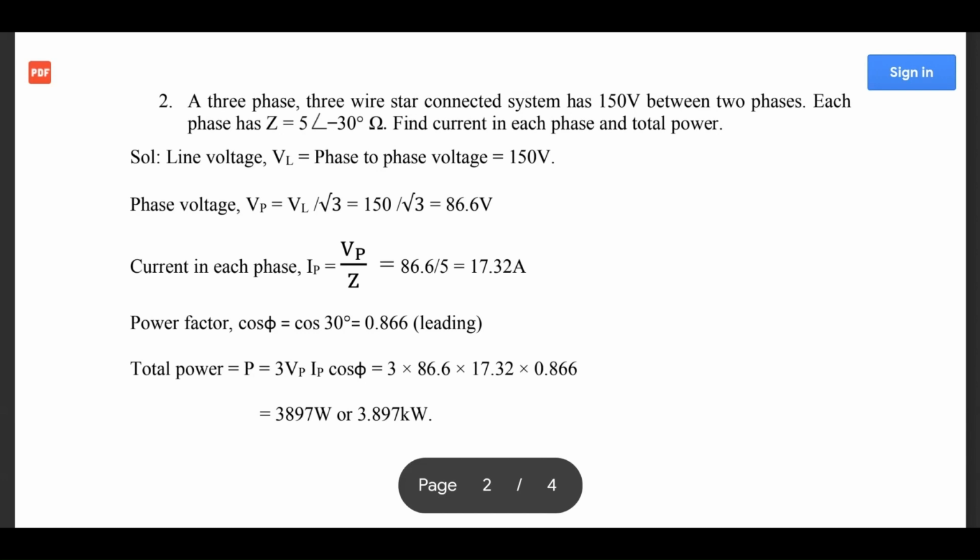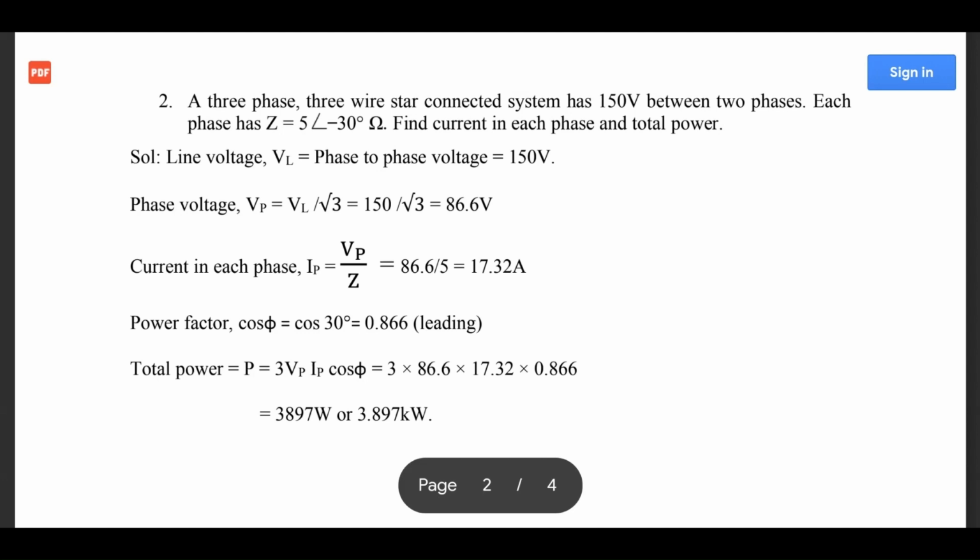If we want to calculate the current using vector algebra, and we substitute Z as 5 angle minus 30, Z is in the denominator, so current Ip will be 17.32 angle positive 30. It means that the current is leading the voltage, hence we will get the leading power factor.